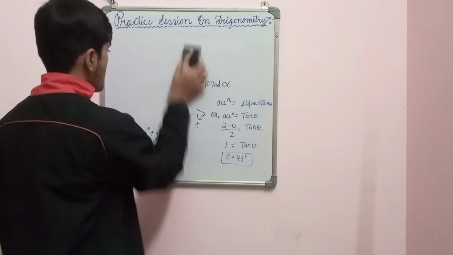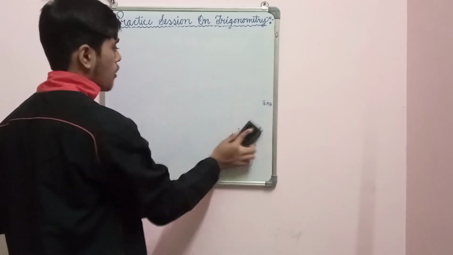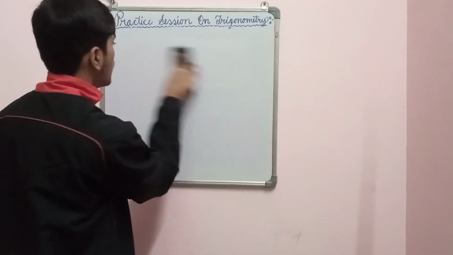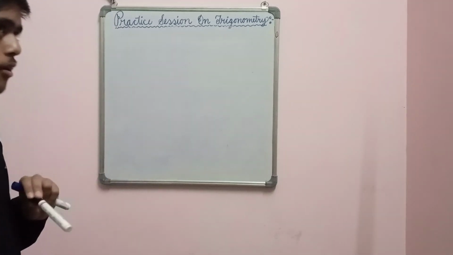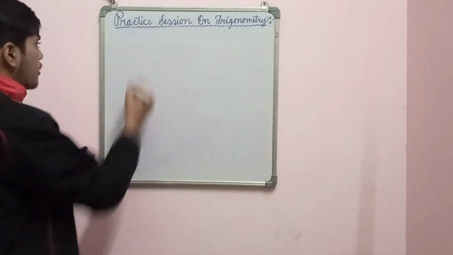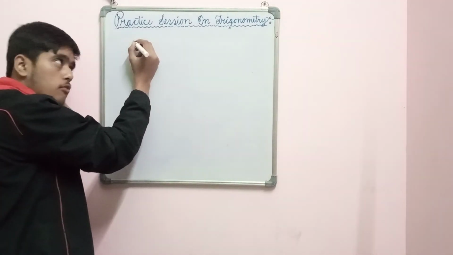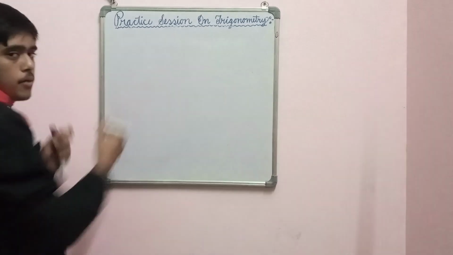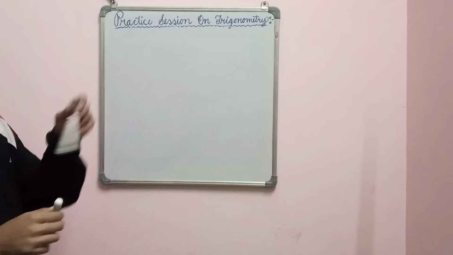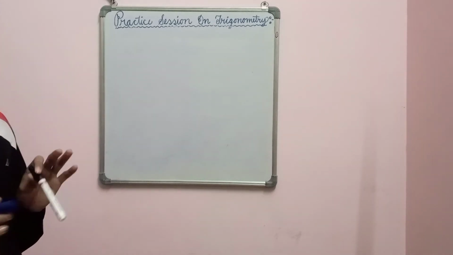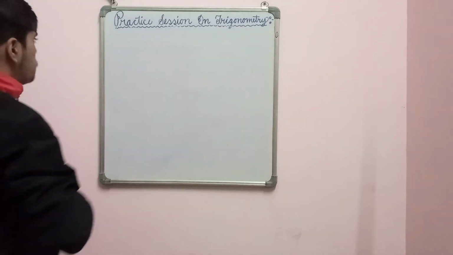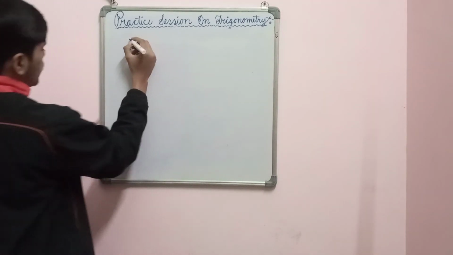These questions are related to the NCERT book of class 10. Not all the questions, though. The slope one I made myself, and other questions I have taken from other reference books. Okay, so let us solve another question.